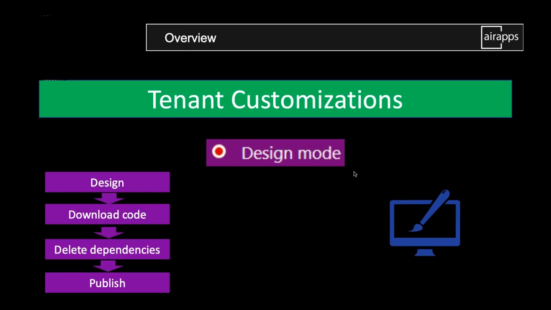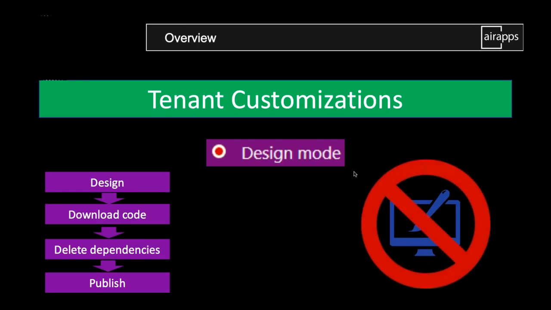But actually, what I will recommend is not to use design mode. You can use design mode when you create your tenant customization, if you prefer to work in a UI. But yeah, I will not recommend you to use design mode as a standalone option.